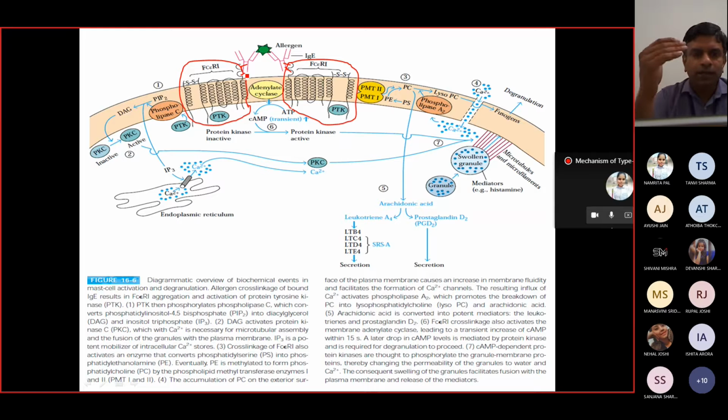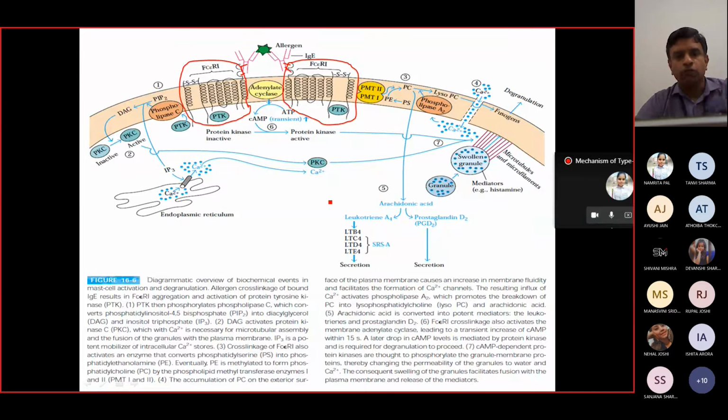Now, when the allergen comes into the body for the first time, IgE is made, and that IgE goes and binds to these receptors. In that case, the person is said to be sensitized. Now the person is sensitized, but there is no symptom, because the whole process below this has not started.